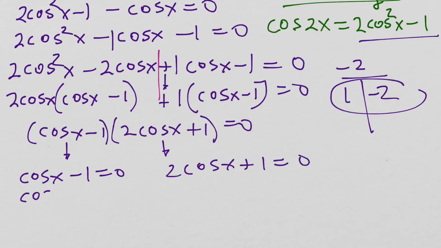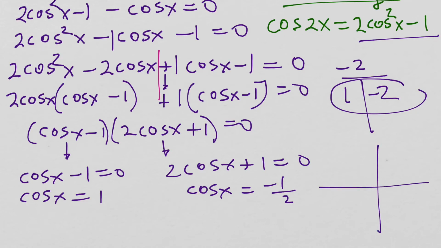All right, so that means the cosine of x is equal to 1, or the cosine of x is equal to negative 1 divided by 2. So let's see if we can figure out where that happens. The cosine of x is equal to 1 here at 0 radians, and the cosine of x is equal to negative 1/2 here and also here at pi over 3 radians and 4 pi over 3 radians.